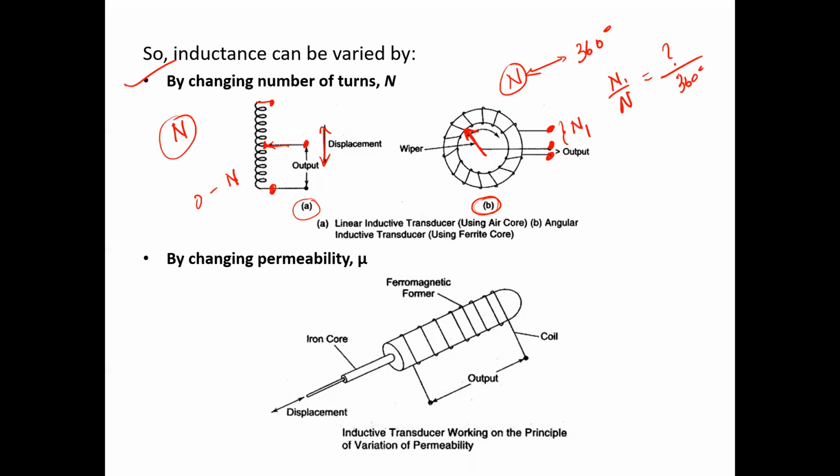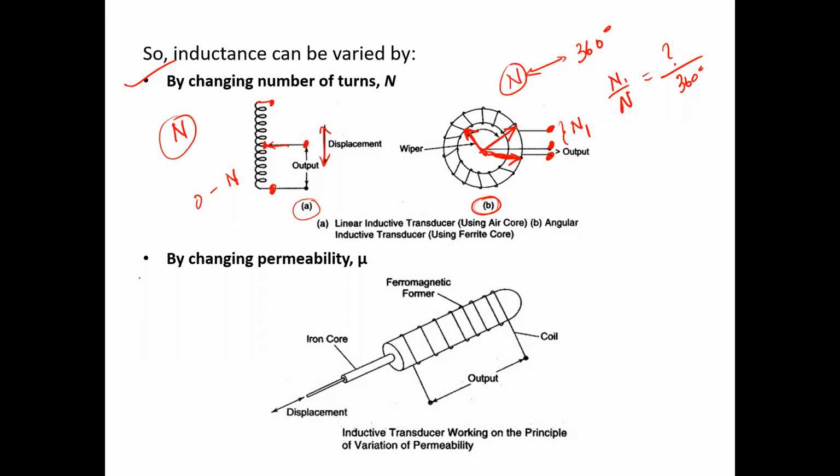In that sense, the prediction of the angular displacement can be done. Suppose at this point it is 0 degrees, and at this point when you are taking the entire number of turns, it is 360 degrees, and for any intermediate position of the sliding contact, the corresponding angular difference can be predicted as well.